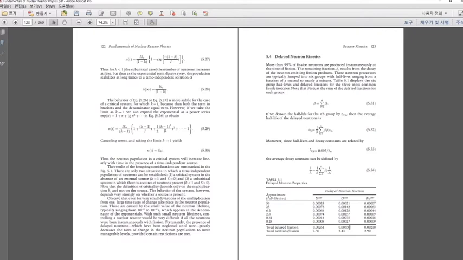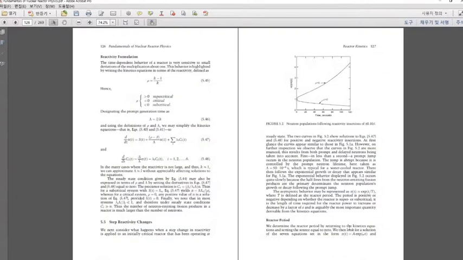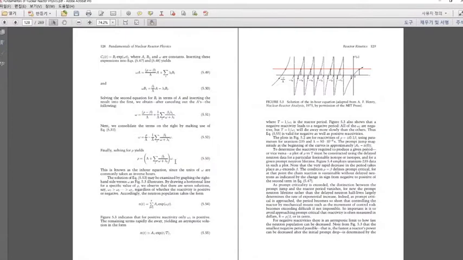And this would be the beta, the sum of the beta i's. So if we go back to our equation, beta i's and lambda i's are given in table 5.1. The overall equation between reactivity and reactor period is also affected by the magnitude of the prompt generation time.